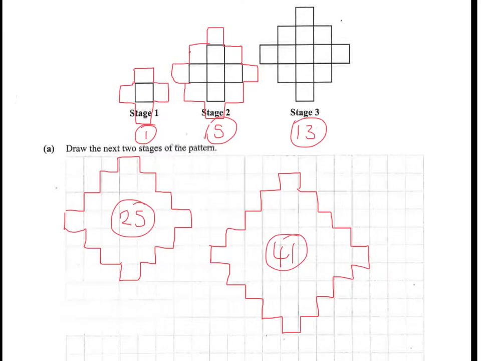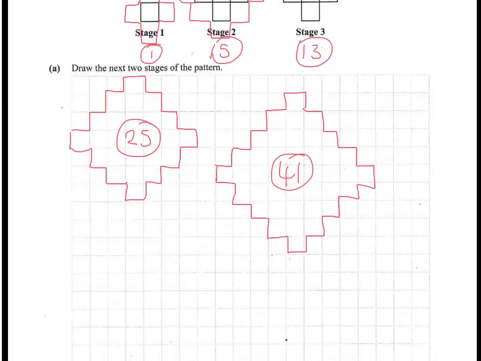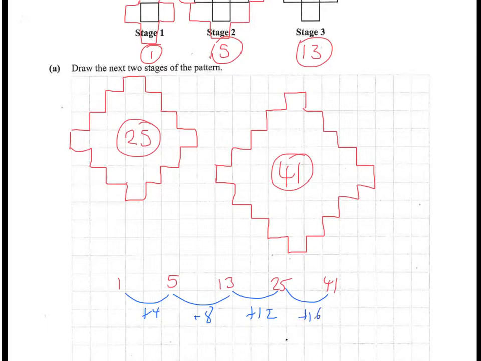Now, my argument with any sequence is the first thing you should do is have a look at the sequence and think about what's going on with it. So if we think about the numbers 1, 5, 13, 25, 41, what is actually happening to it? In this instance, we're adding 4, then adding 8, adding 12, and adding 16.